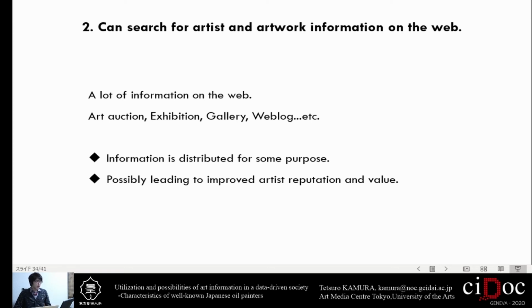If there is a lot of information on the web, such as art auctions, exhibitions, galleries, and weblogs, it is being distributed for some purposes. They are possibly leading to improved reputation and value.